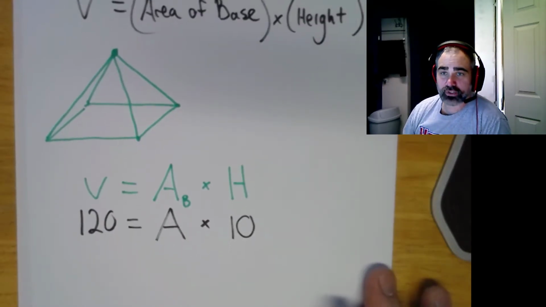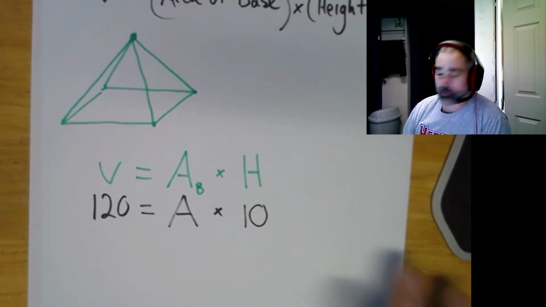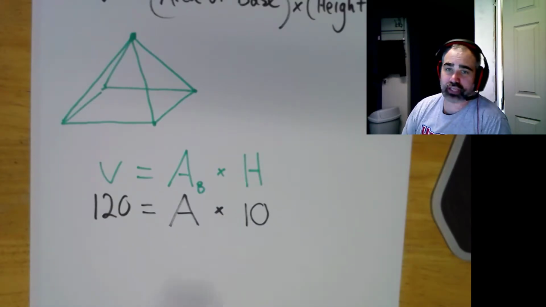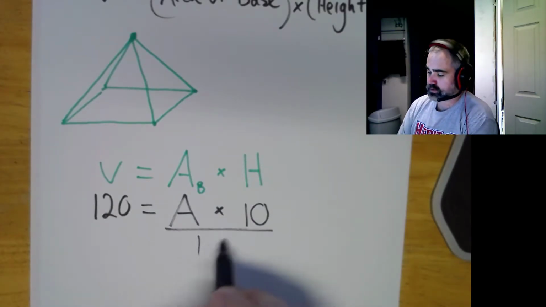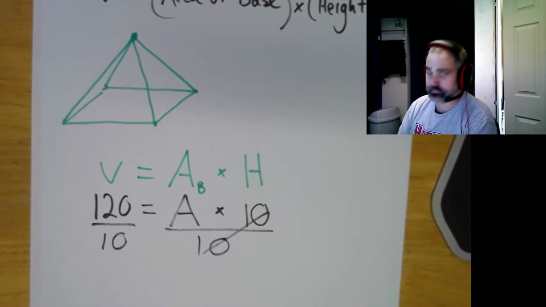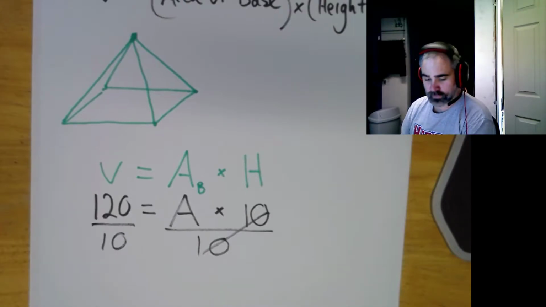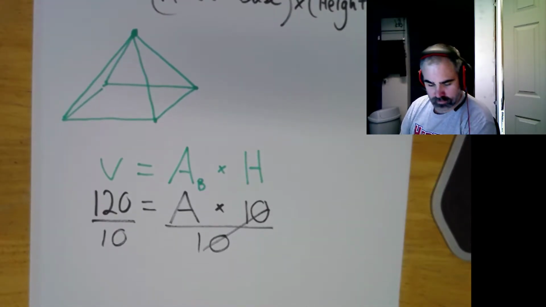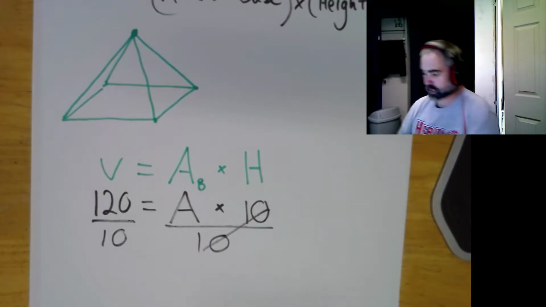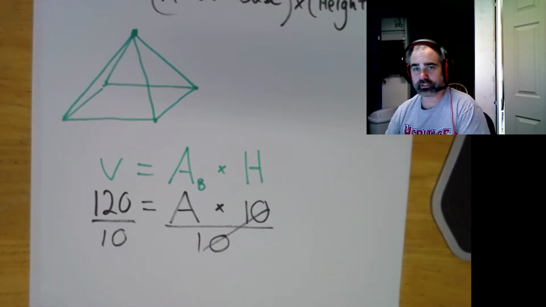All right, so we're getting close here. If I want to get a by itself, right now it's being multiplied. I need the opposite of multiplication, which would be, you guessed it, division. Cancels out, divide over here. Oops, sorry. You know what?